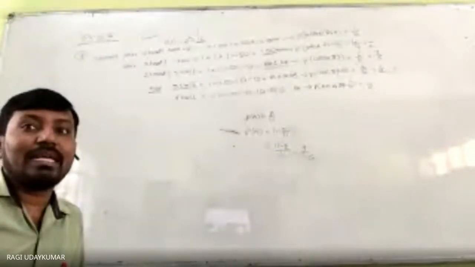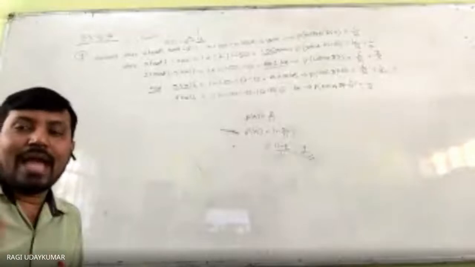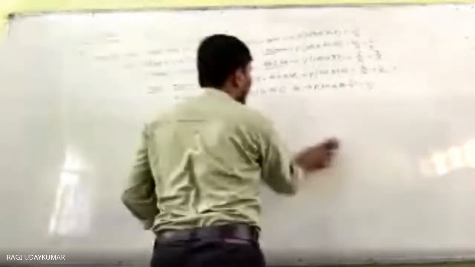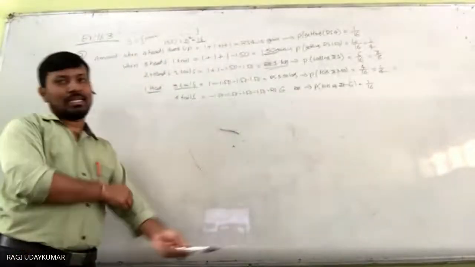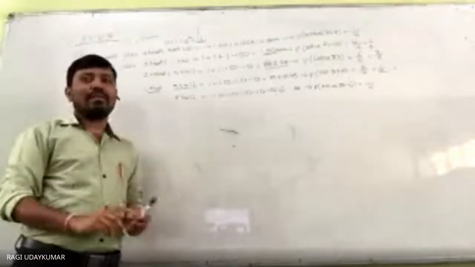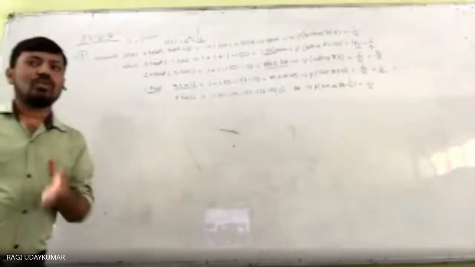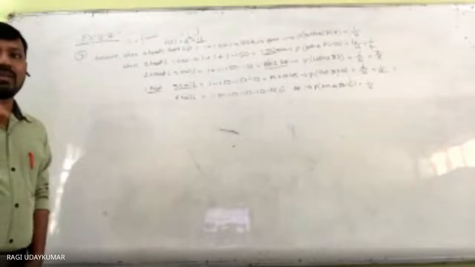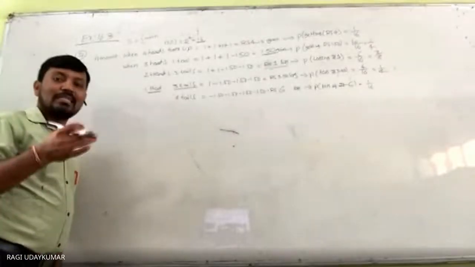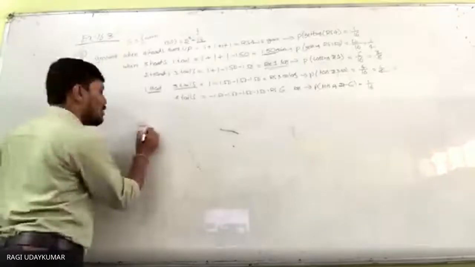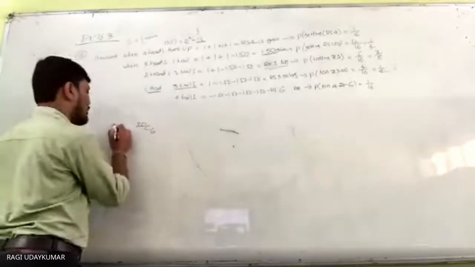So number of ways of selecting the 6 out of 20. And what is the fixed one? Whatever is fixed, only that one combination will be there. Whatever it is fixed, that only you need to get. So total number of outcomes is what you need to calculate here. Number of ways of selecting 6 out of 20 is nothing but 20C6. So this is n(S).